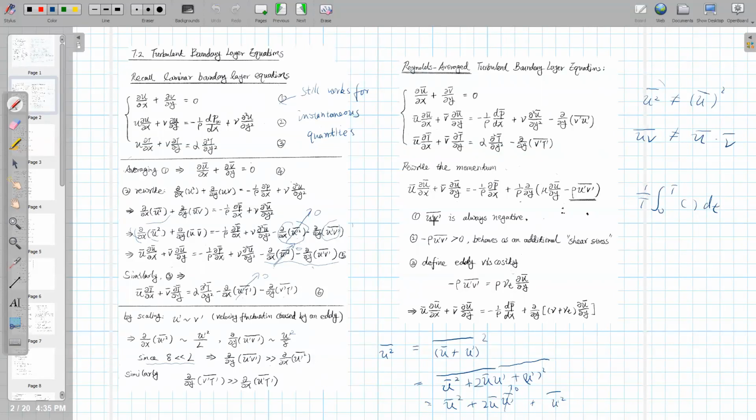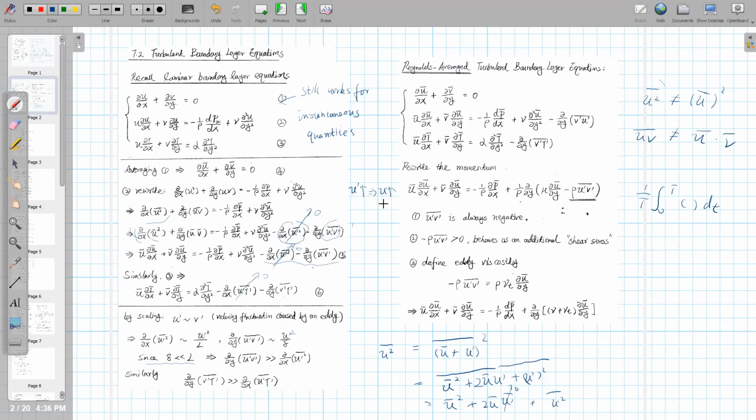So think about this: if your U prime is increasing in the x direction, it means your instantaneous velocity in the x direction will also increase, right? So U prime increasing means U tends to increase. What does that mean for mass conservation, or momentum conservation, or the kinetic energy?